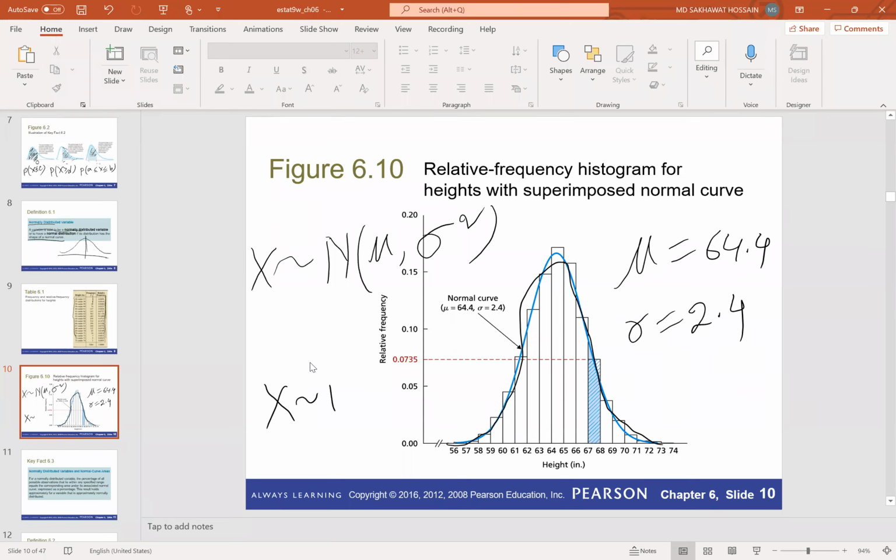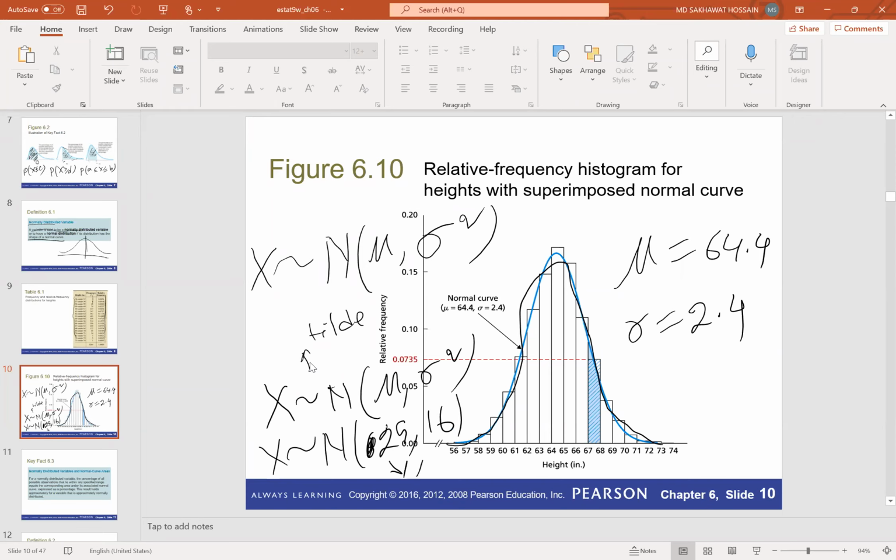X tilde, the tilde means normally distributed, with mean mu and variance sigma squared. If you have two numbers, for example a mean of 25 and a variance of 16, the first number represents mu and the second number represents sigma squared, the variance.